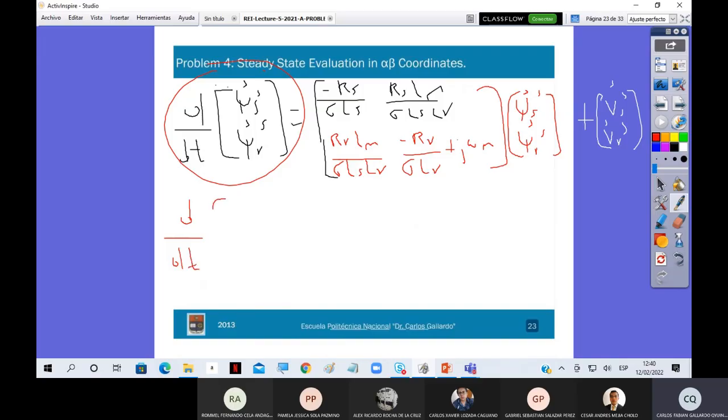I have this data: the stator flux space vector times e to the power of j theta s, and the rotor flux space vector times e to the power of j theta s.